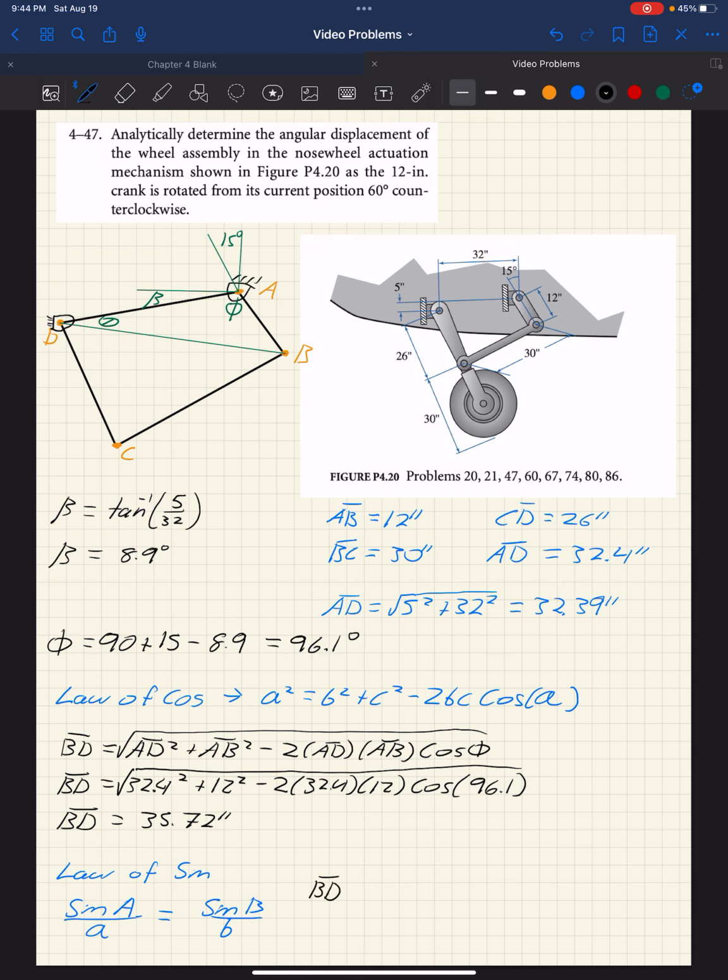BD over sine phi is equal to AB over sine theta.